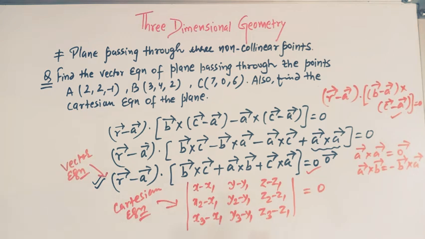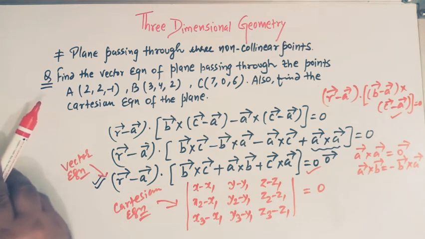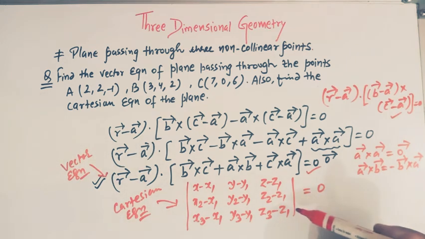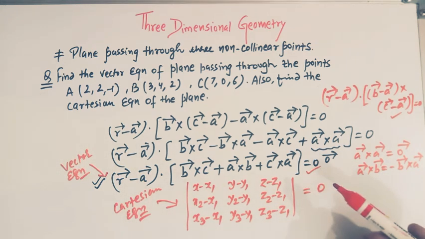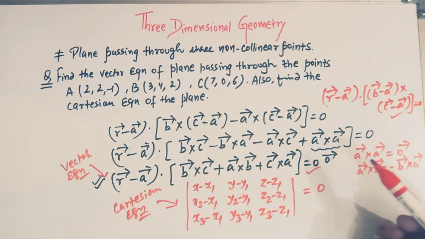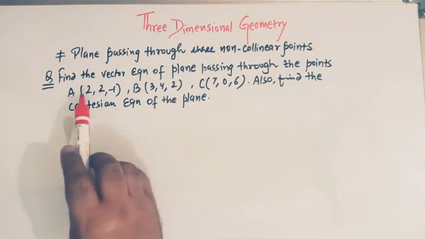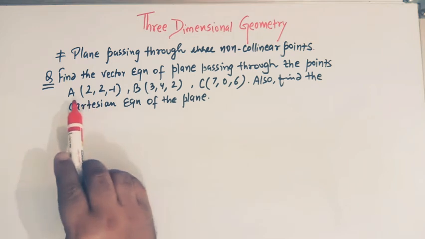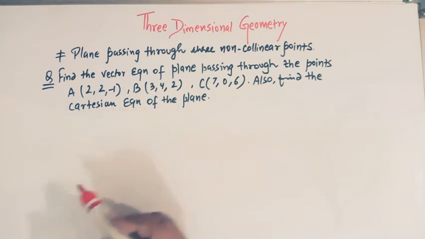So let us now solve this problem, and we'll first find the Cartesian equation, and then we can convert the Cartesian equation of the plane into its vector form. Now before finding out the equation of the plane, let us first show that these 3 points are non-collinear.